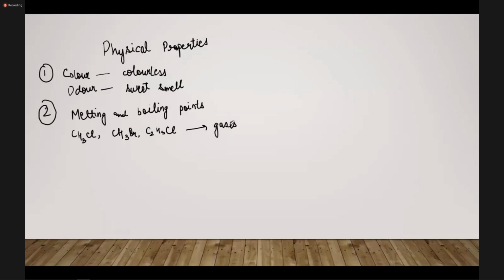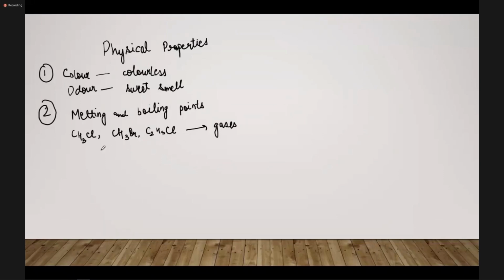Here we'll compare the melting and boiling points of the haloalkanes with different materials, and then analyze how they are increasing or decreasing.